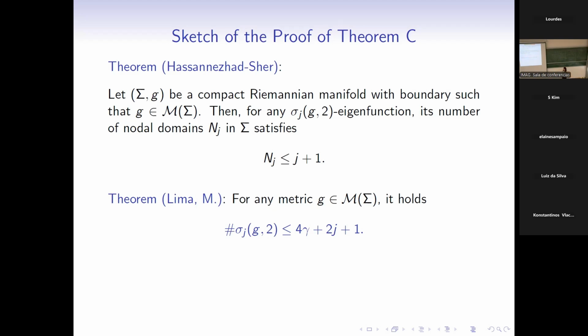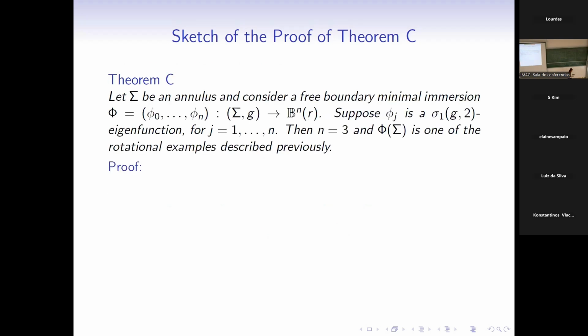Okay. Good. Now I'm able to show at least a particular case of the proof of this result. So here we have an annulus, and we are assuming that it's going to a spherical cap as free boundary minimal surface by first eigenfunctions. Right?